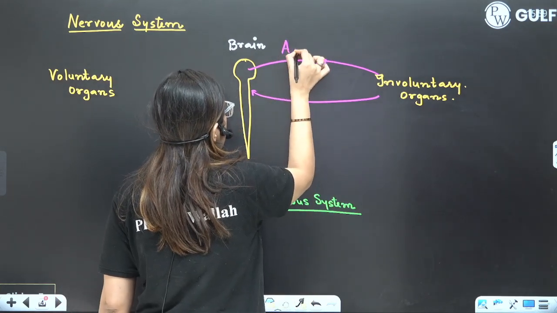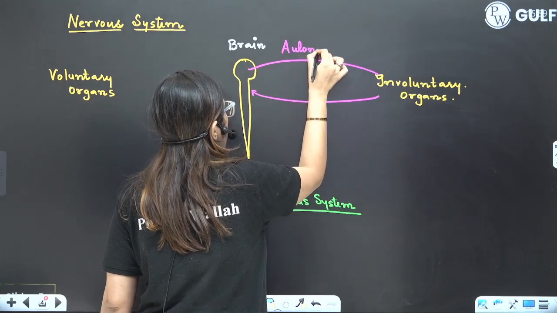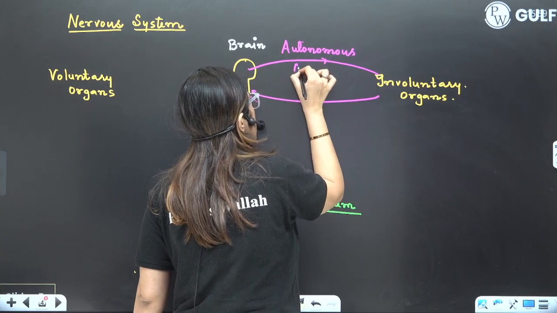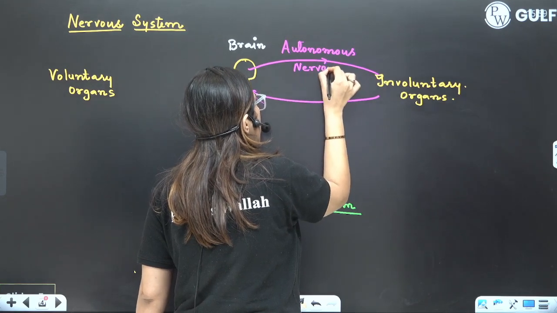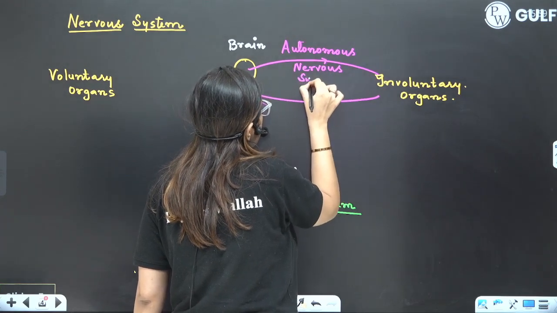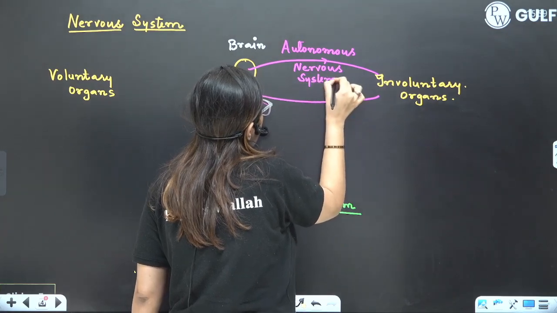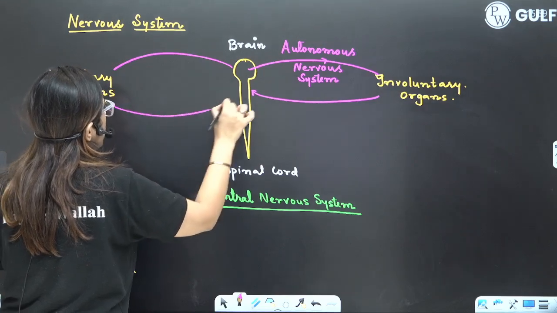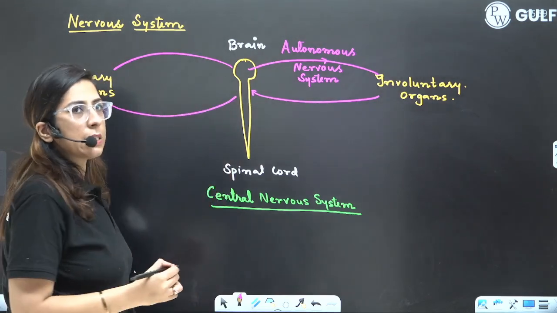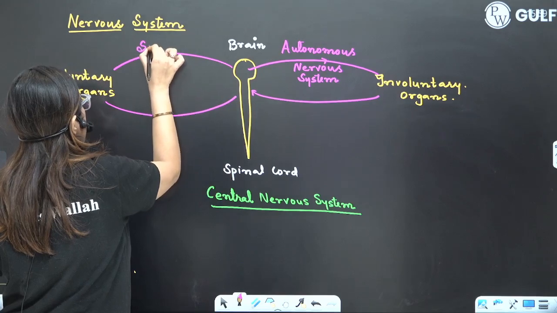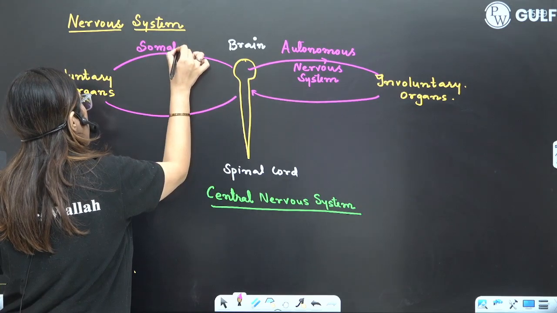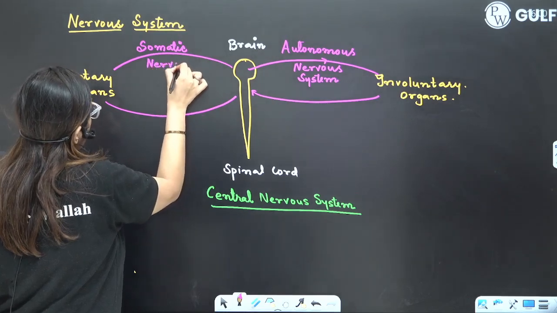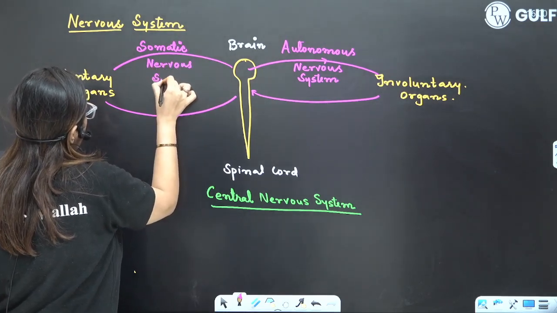Whereas the communication between the voluntary organs and the brain and spinal cord is termed the somatic nervous system. Somatic neural system, whatever you want to write, you can write down.